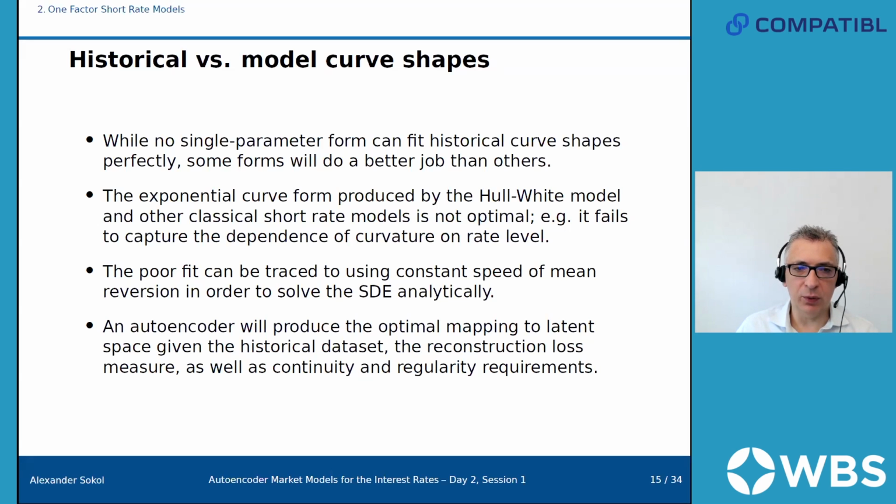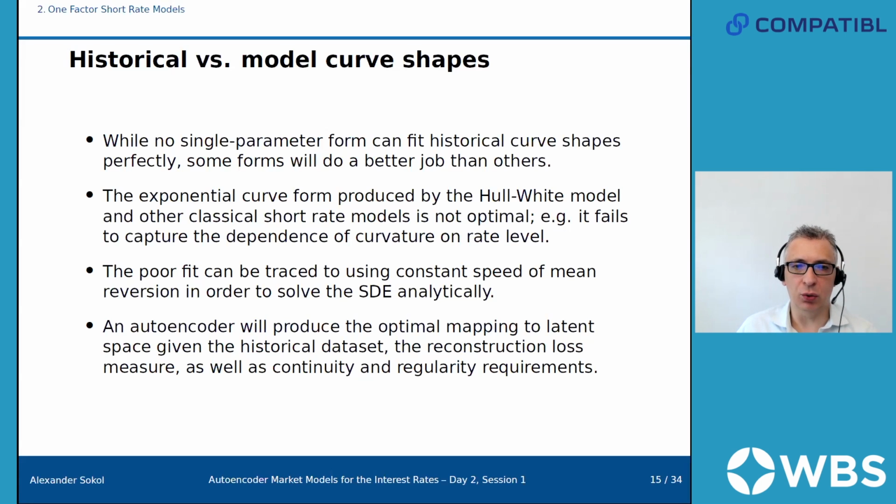And even if we cannot map perfectly, it's not obviously great when you're trying to fit all of the possible curve shapes with a single parameter. But at least you can do better than this crude form, right? So a single parameter will not give you a good fit either way, but you can do better than the standard assumption of constant mean reversion. So that's the benefit that we're trying to obtain here, right?